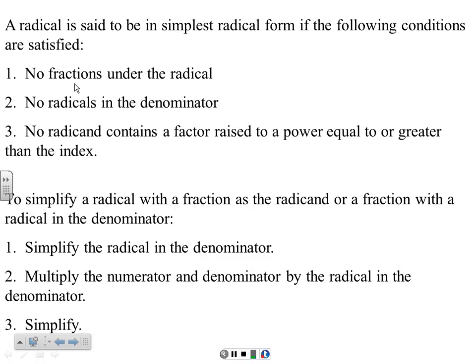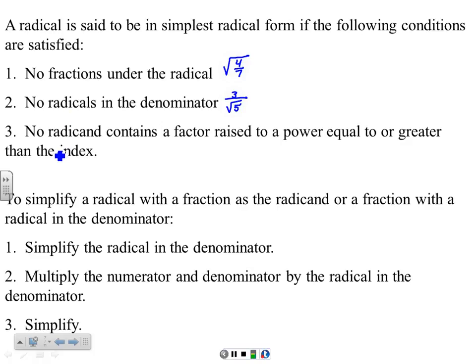So number 1, you cannot have a fraction underneath the radical. So in other words, you cannot have something like the square root of 4/7. You can't do that, so we're going to have to fix that, and I'll show you how to do that in a minute. You cannot have a radical in the denominator, so you can't have something like 3 over the square root of 5. You see how we have a radical in the denominator? So you can't have that either.